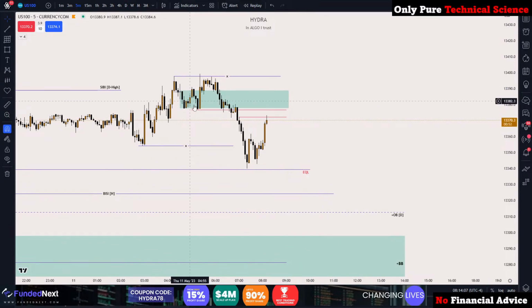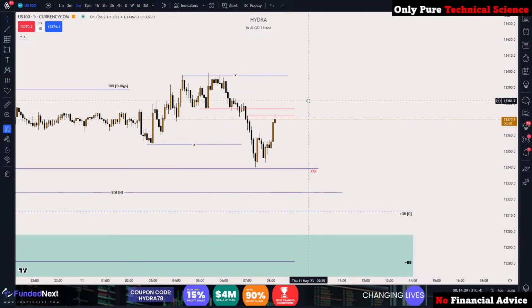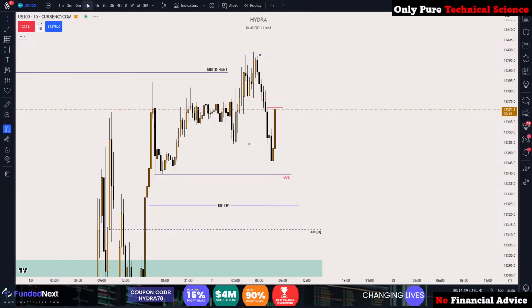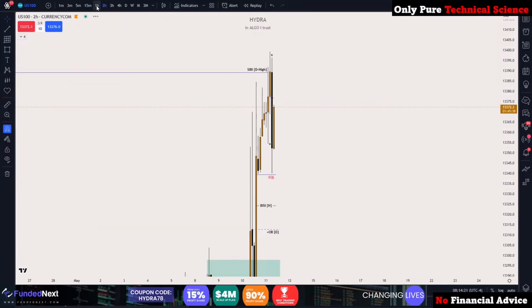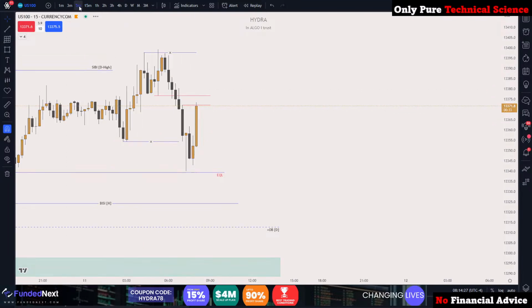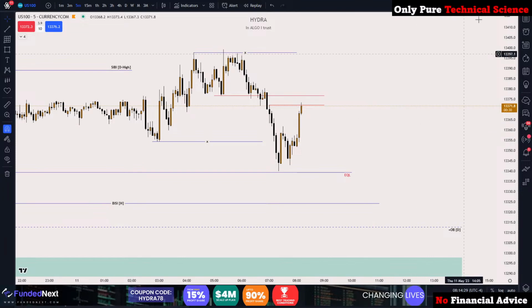I'm not expecting a run into this breaker block, so I'll just hide it, but keep in mind that we do have a breaker block here. These down close candles, then a new higher high, become our breaker block, and price came into this hourly fair value gap. Price hit it. We do have relative equal lows towards the sell side.